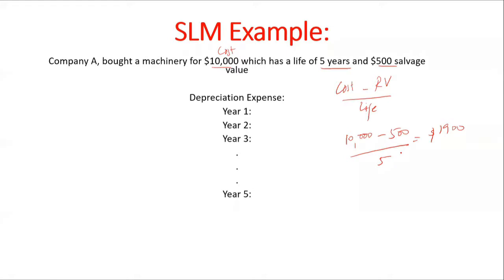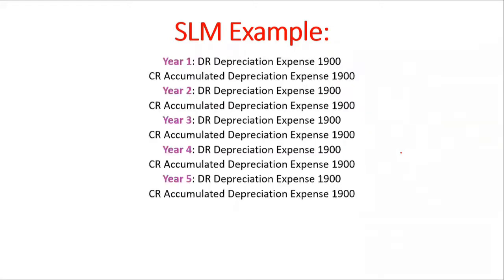Now, in the next slide, we are going to look at the journal entries. These are the journal entries for the 5 years. You can see that the depreciation expense remains the same. There are two components in journal entries, debit and credit. Since depreciation is an expense, expenses are always debit. So we debit depreciation expense, and the contra asset account for depreciation is accumulated depreciation, and we credit accumulated depreciation.